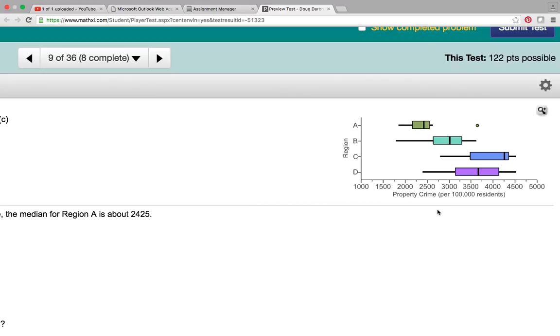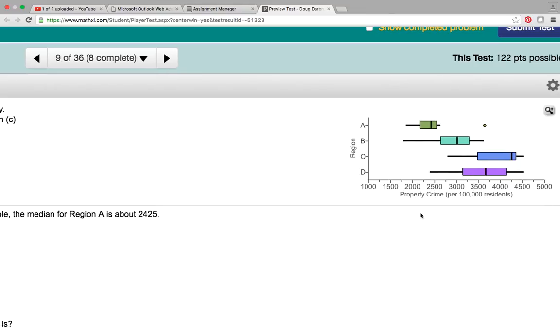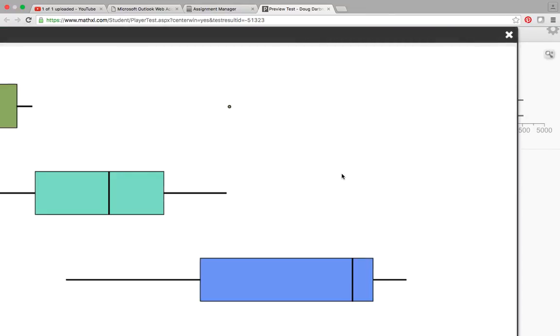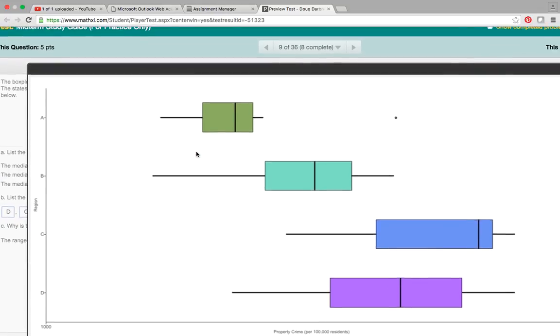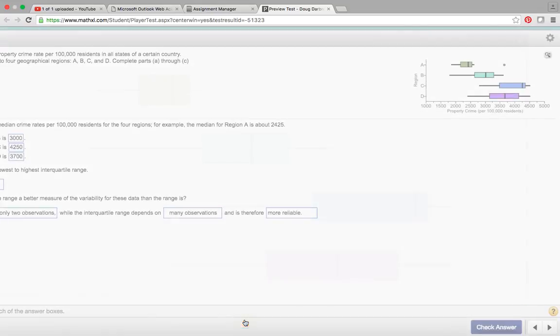So let me just make it bigger and see if we can tell more about the IQR. Yeah, it still looks like to me that the IQR is DCBA. All right, so I feel pretty good about that one.